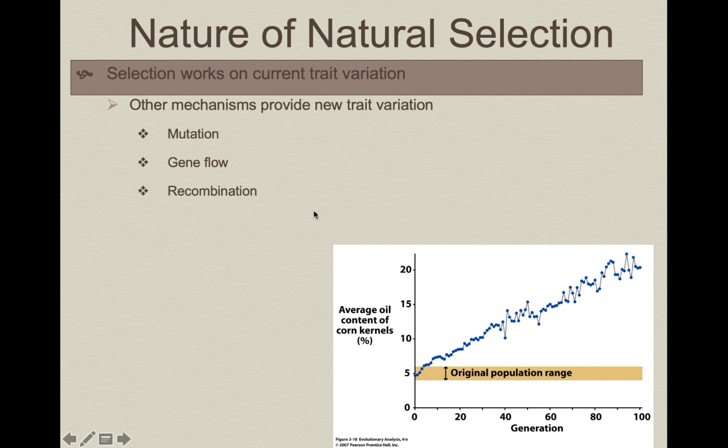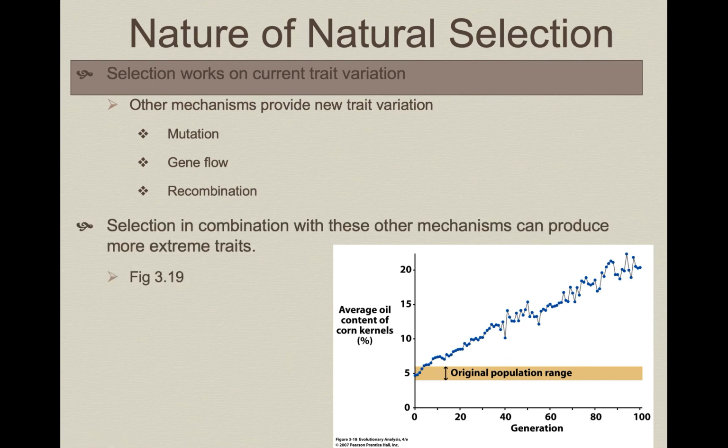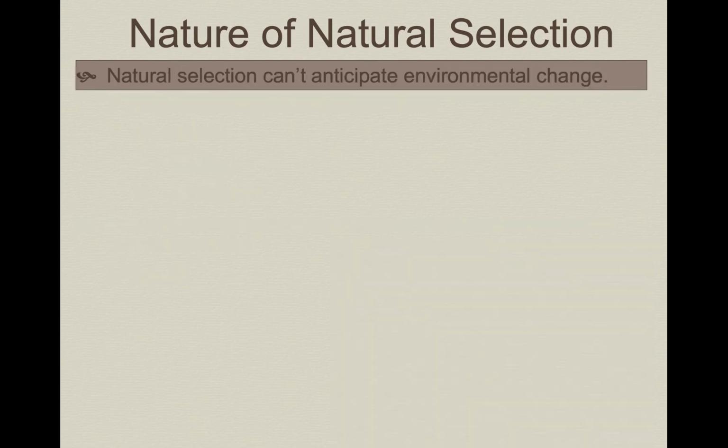So we'll talk about the importance of genetic recombination. But the main point here is natural selection can't get you here until you have the interaction of these other evolutionary mechanisms. Natural selection can only select the best that it can actually see. But once you get combinations of these other mechanisms like mutation, gene flow, and recombination, then you can see natural selection proceeding to produce more extreme traits.